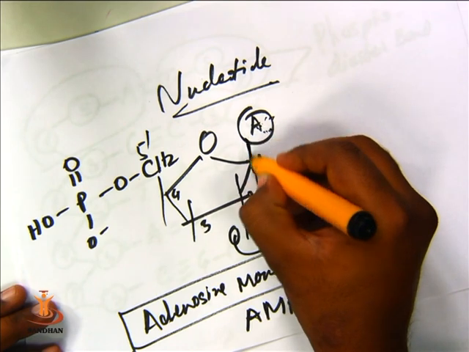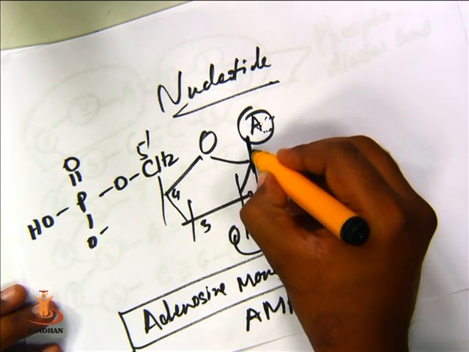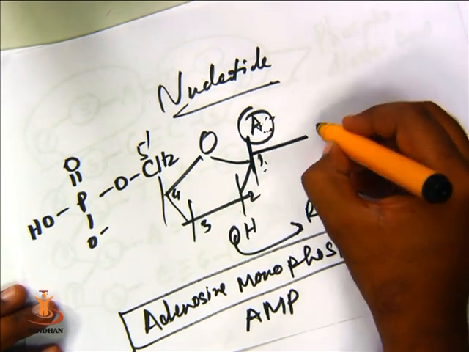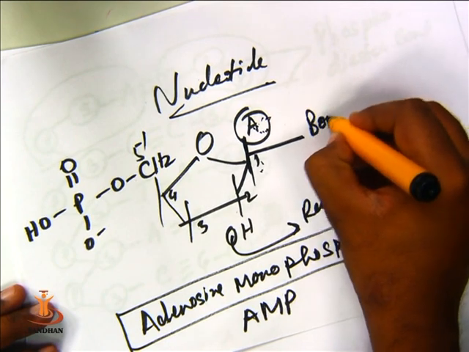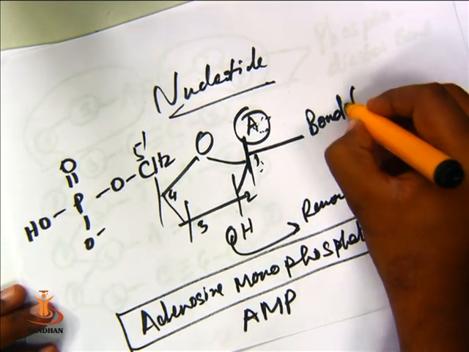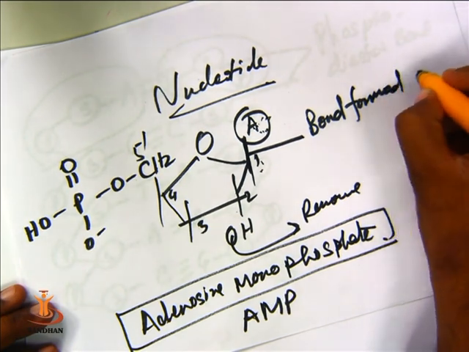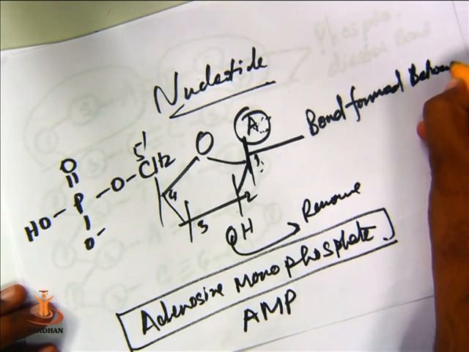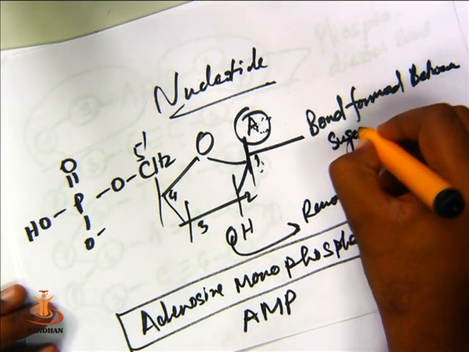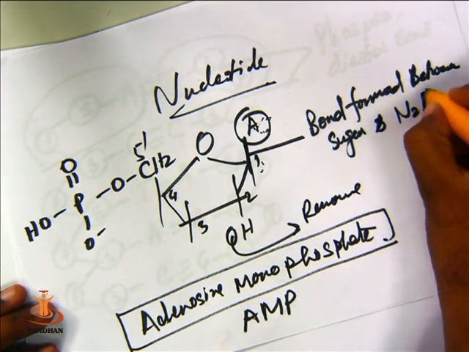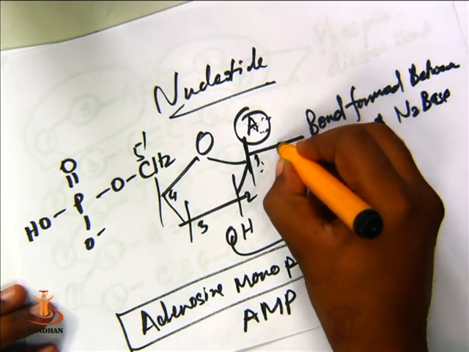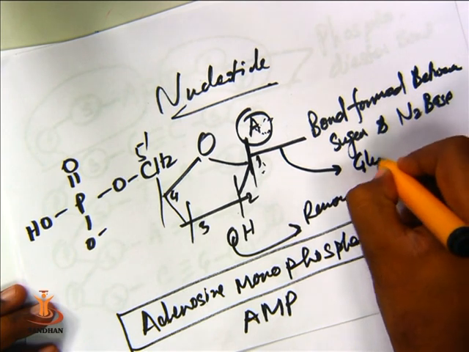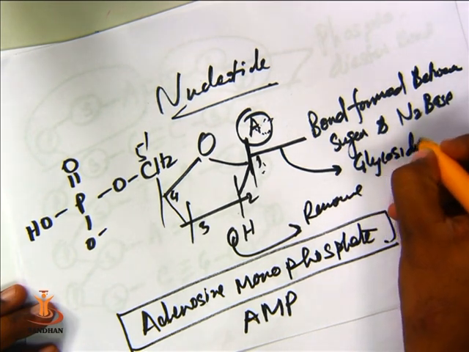So this bond is formed between the sugar and the nitrogenous base. This bond is called the glycosidic bond.